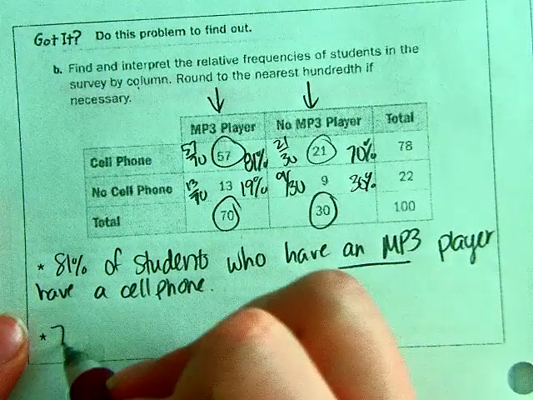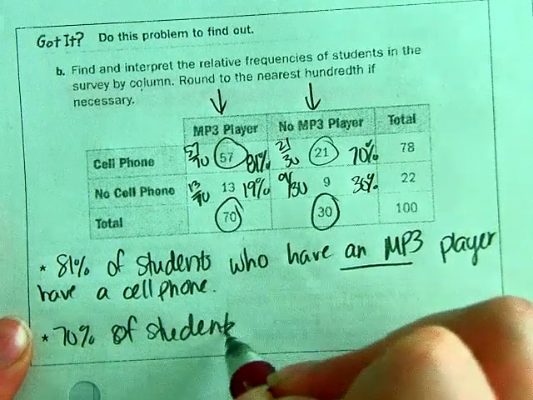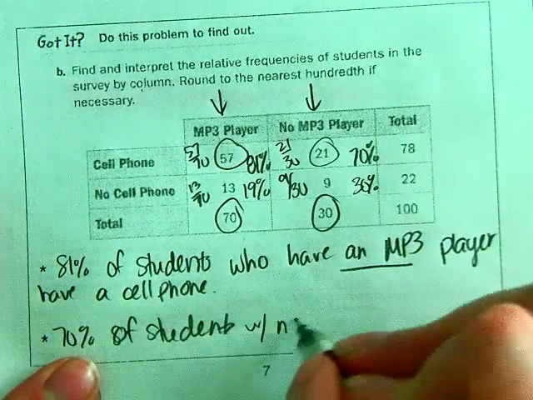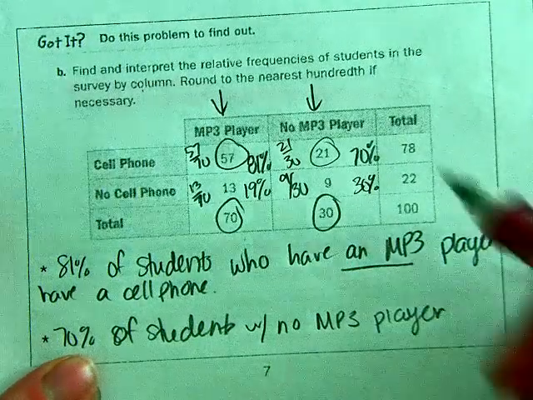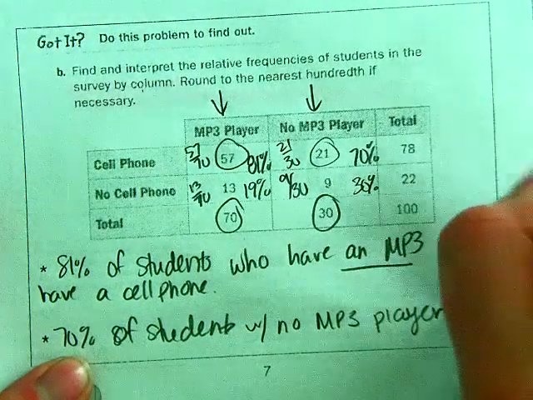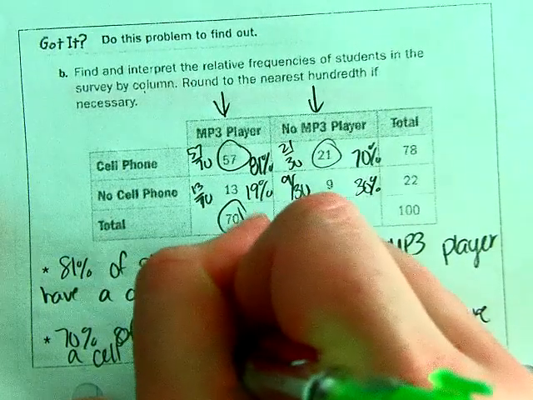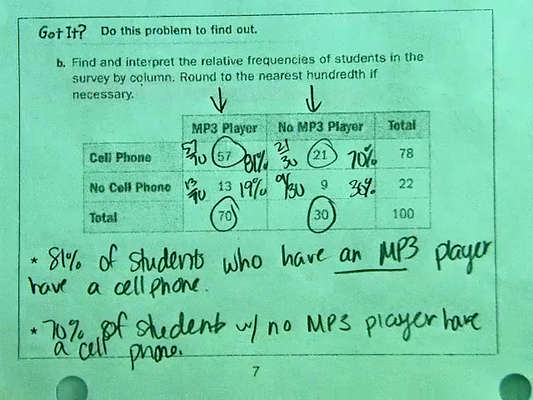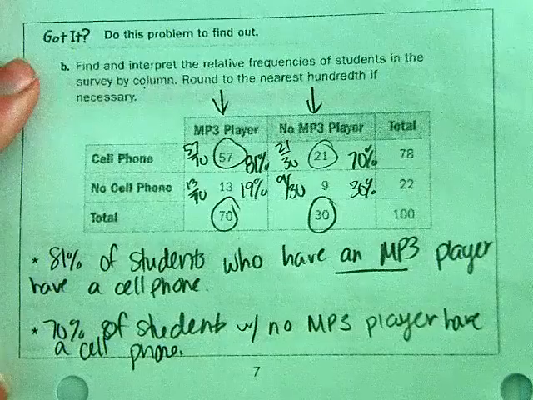And 70% of students, moving on to the next one, with no MP3 player have a cell phone. So basically by changing row and column, you're changing what group of people you're talking to.